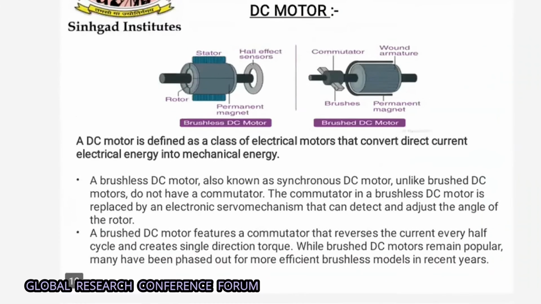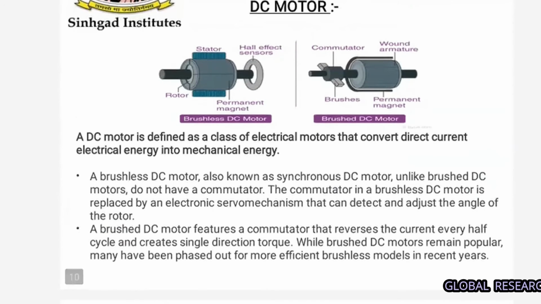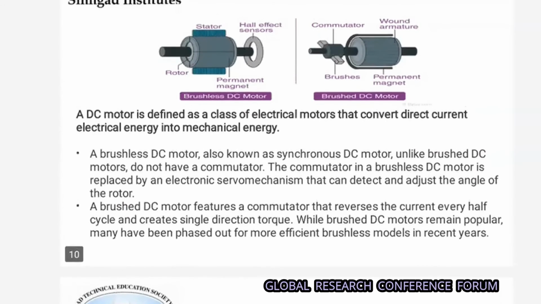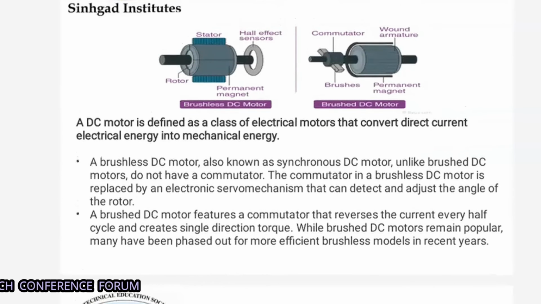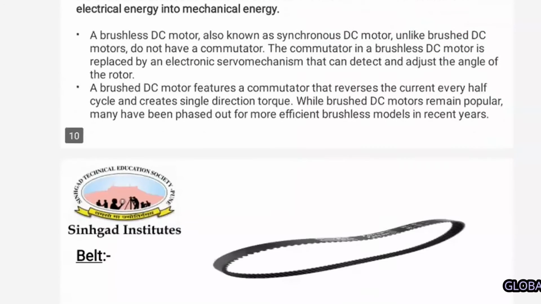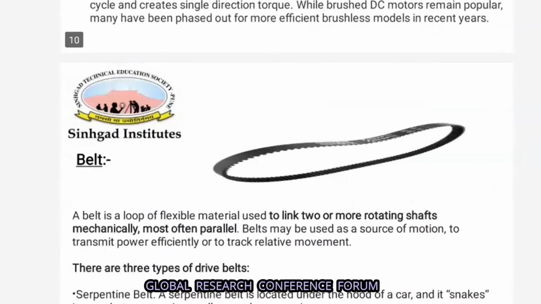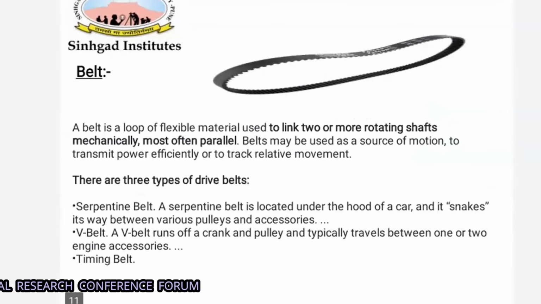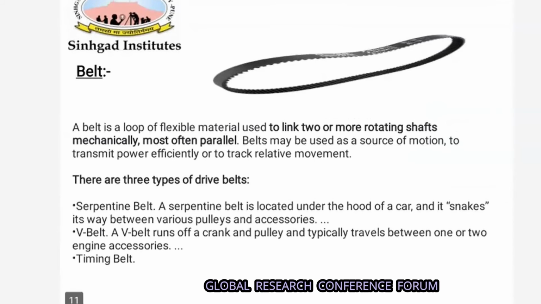Here is the classification of our equipments. First of all, it is a DC motor, which converts direct current electrical energy into mechanical energy. It is also called a brushless DC motor or synchronous DC motor. Here is the conveyor belt which we have used for our project.